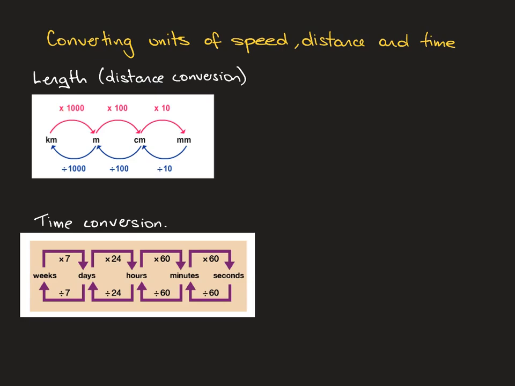So if you had 1 kilometre and you wanted to know how many metres it was, you take the number 1, you times it by the 1,000, and that will tell you how many metres you've got. So 1 kilometre is 1,000 metres.